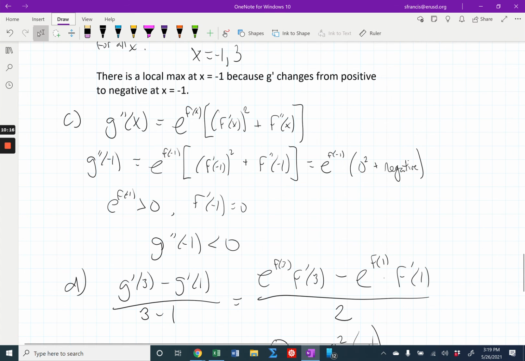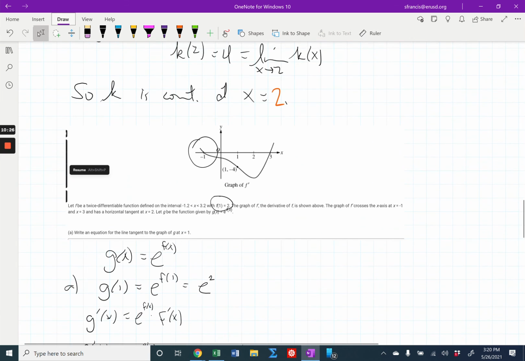And then I say plus a negative over here. Where am I getting the negative from? Well, f double prime is going to be the slope of this graph here, because this is f prime. So f double prime is the slope of this graph at negative 1. And the slope of this graph has to be negative at negative 1. You can see the graph is decreasing at that point, or the slope of the tangent line is negative.